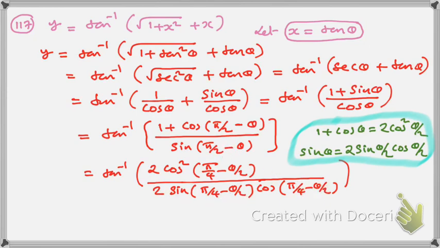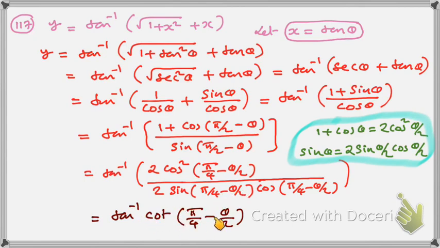You can see that 2 and 2 will get cancelled. One cos from the numerator and the cos from the denominator will get cancelled. So what I have is tan inverse of, 2 and 2 is gone, cos and 1 cos is gone, so I have just cos of pi by 4 minus theta by 2 by sine of pi by 4 minus theta by 2.